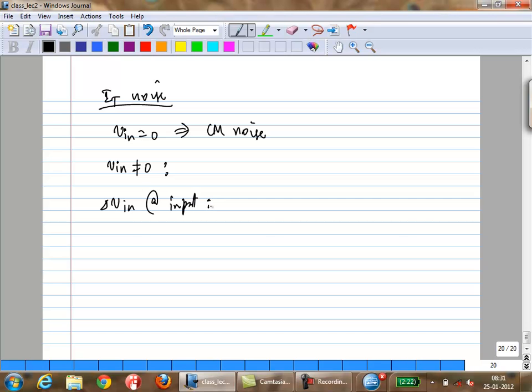So let's consider what happens when you apply a delta Vn at the input of the differential pair. So we'll calculate the difference in the currents, because that's what we are interested in. What is that? It's just Gm times delta Vn. Correct? It's a small signal. We are assuming it's a small perturbation.